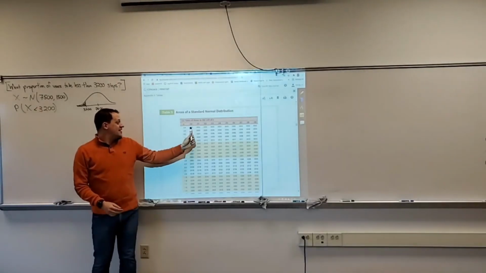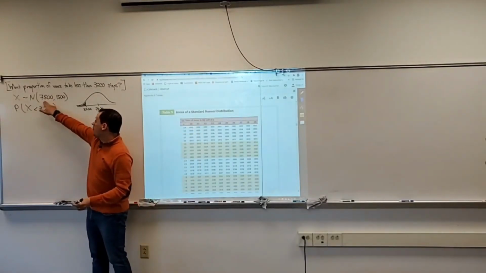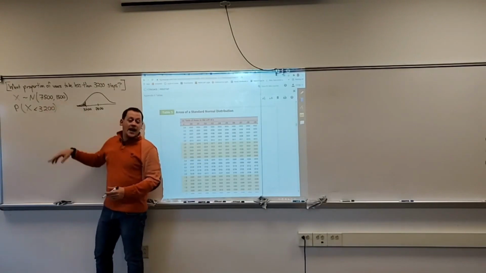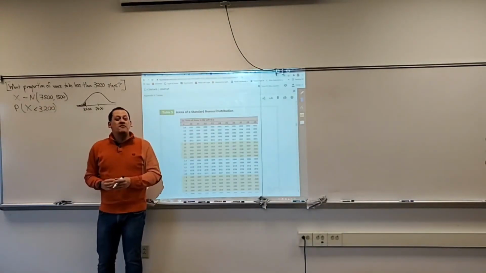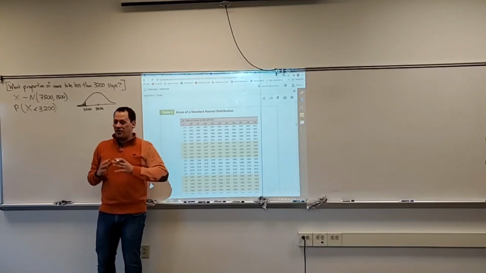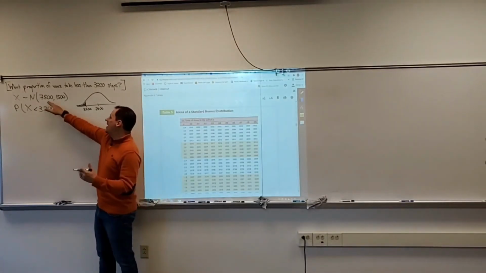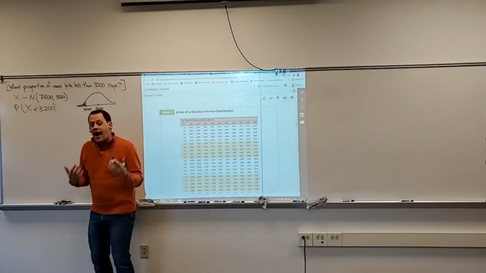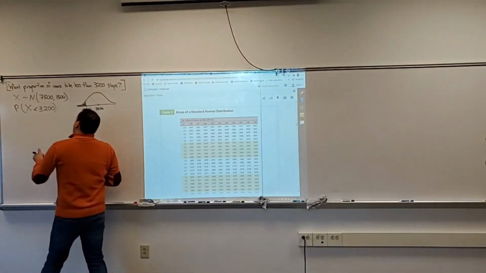You're not going to find a table in the back of the book for where the mean is 7,500 and the standard deviation is 1,500. It would be a very large book if they did that for every single possible combination of mean and standard deviation. They only have it for z. So we have to calculate the z-score here.